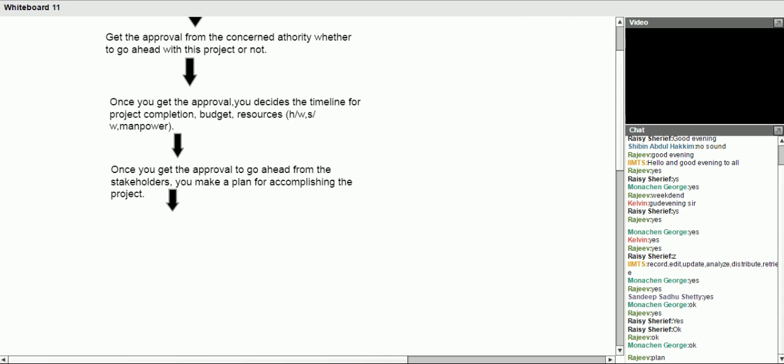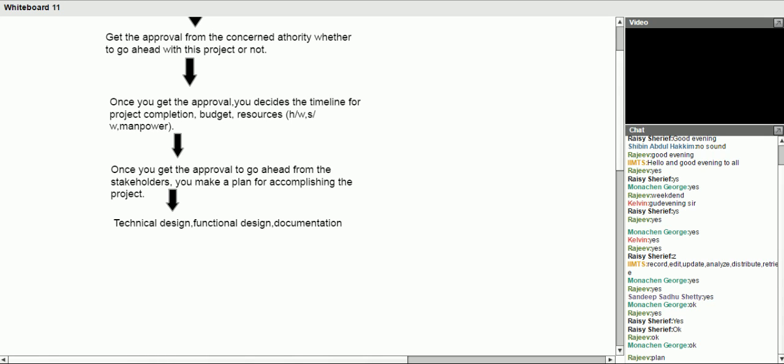Then after making the plan, you make technical design, you make functional design. You do documentation.